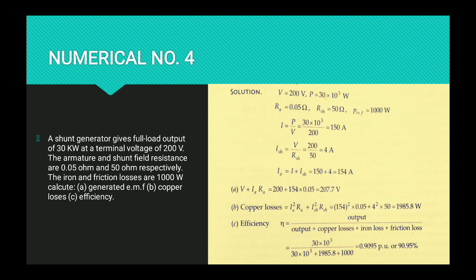So 30 into 10 to the power 3 watt plus copper loss 1985.8 watt plus iron and frictional losses according to the problem, that is 1000 watt, equals to 0.9095, or in form of percentage, if we multiply 100 with this, the efficiency is 90.95%.